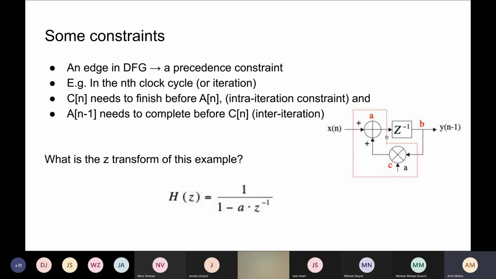For this, G is equal to 1 by 1 minus 8 times Z to the power minus 1. And as I was saying, looking at this, you can also find out the regions of convergence quite easily. Now, that's about the precedence constraint.